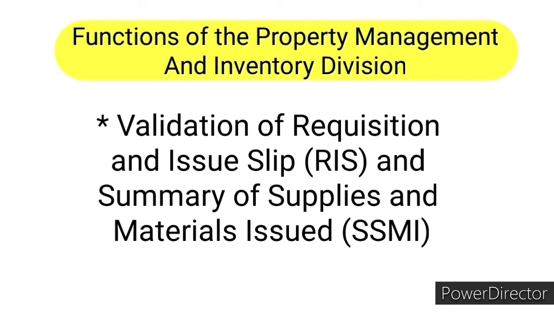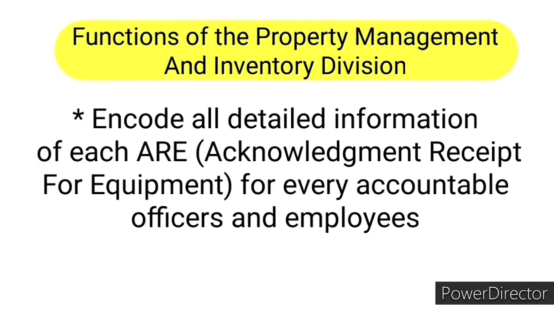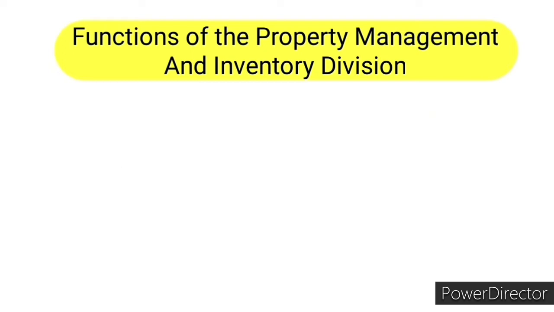Validation of requisition and issue slips and summary of supplies and materials issued. Another one is they encode all detailed information of each ARE for every accountable officer and employee.